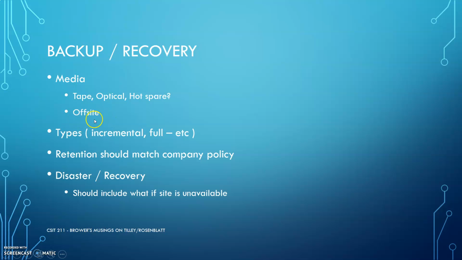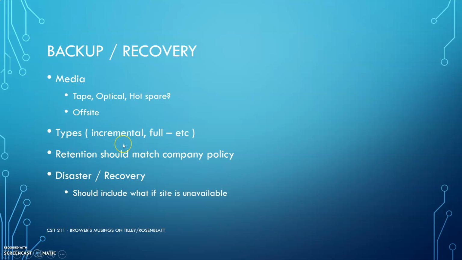So what some organizations will do is that if they have a second site, or they may even rent a storage place, but just keep the backup of the data off-site, so if something happens to the physical site, they can go back and get that data.